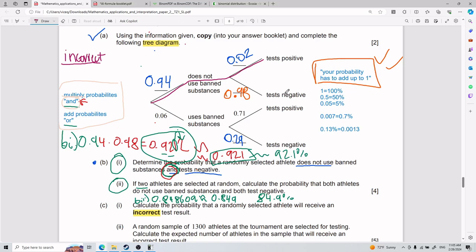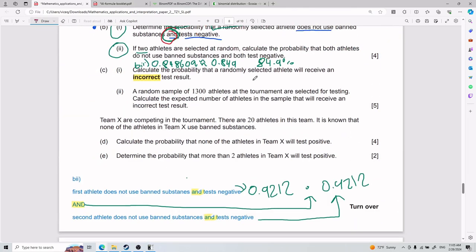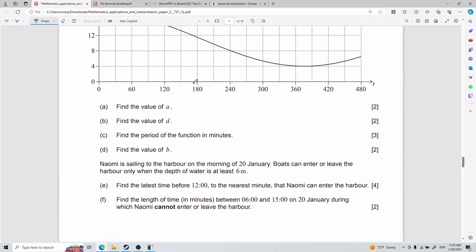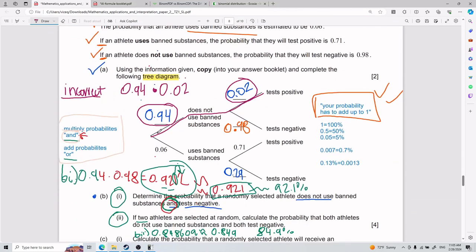And so one of the scenarios that I just put in purple is that they do not use and they test positive. Okay, so that is the incorrect test result. So that is one scenario. So we have that they do not use banned substances. That gives us 0.94. And this is the multiply.